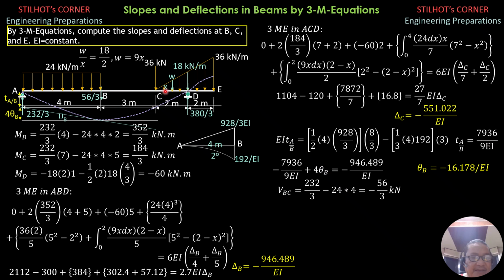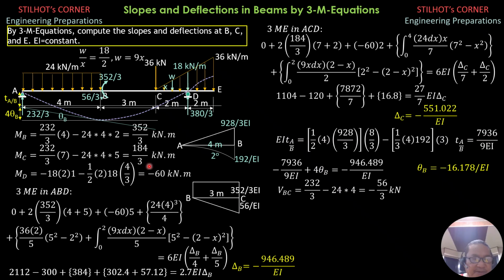So between B and C, we have to draw the moment diagram by parts: rectangular, equal to 352 over 3, and the other one triangular going down, 56 over 3 times 6, or 56. So this is the moment diagram by parts for portion BC.